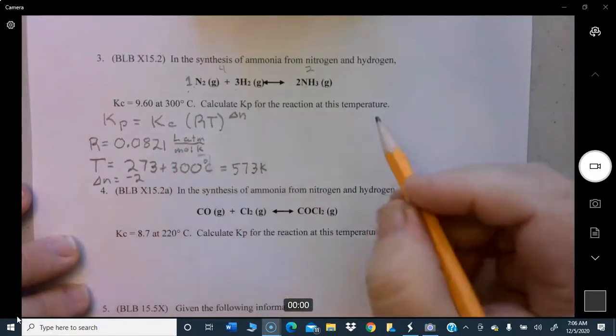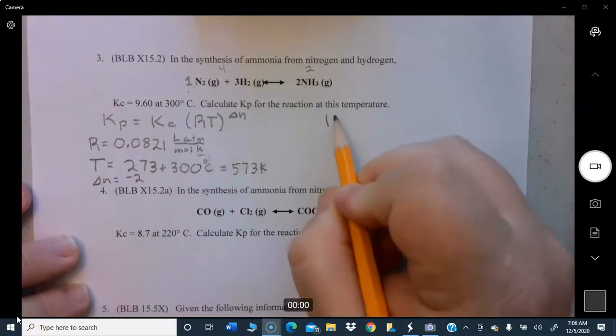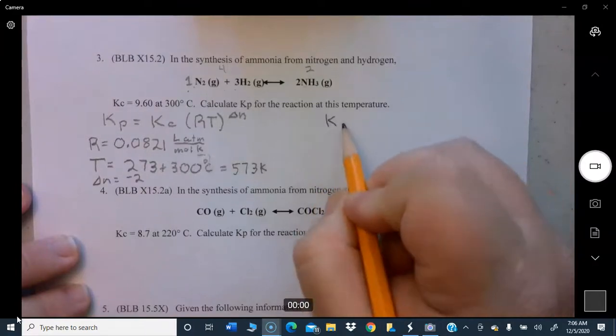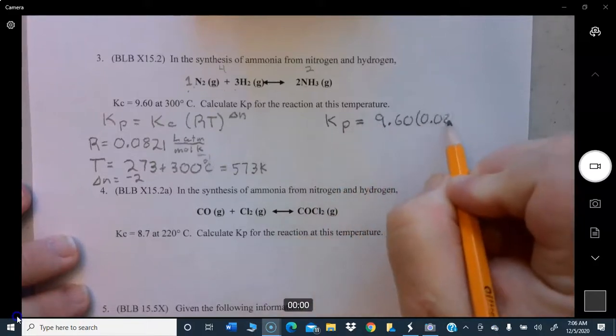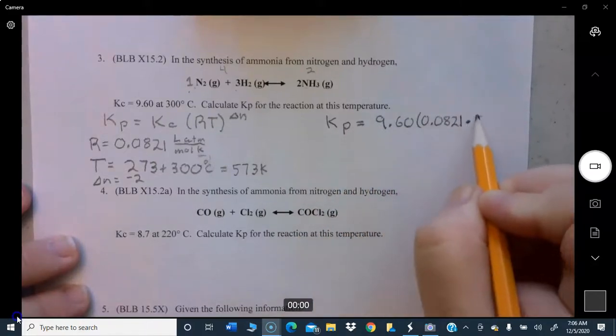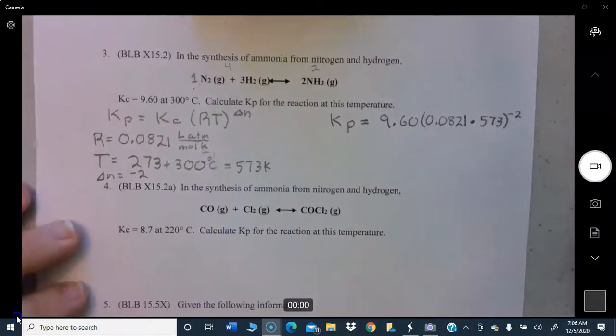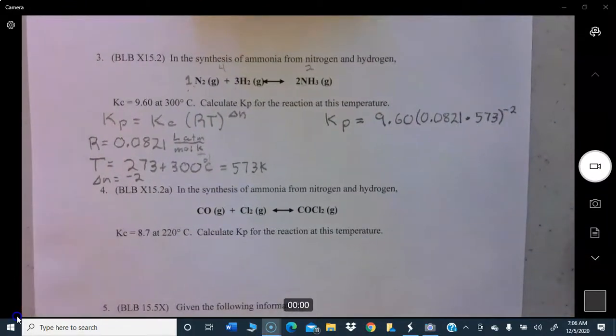Okay, now we can plug into the equation. And that's how the equation would be written, and now you can just simply calculate.